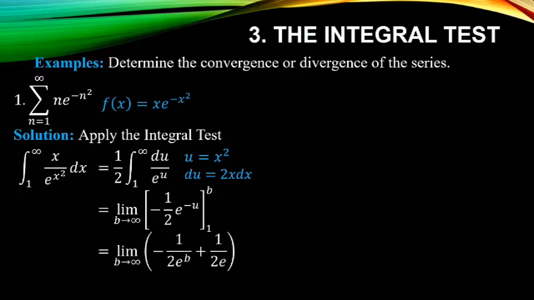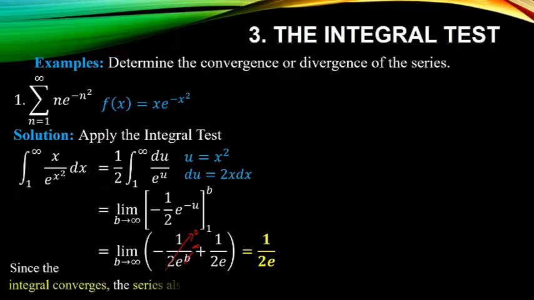So substituting the limits, we have the limit of negative 1 over 2e raised to b plus 1 over 2e as b approaches infinity. So evaluating the limit, b approaches infinity. Now this whole term approaches 0. So what remains is the second term, 1 over 2e. Since the integral converges to 1 over 2e, the series also converges.